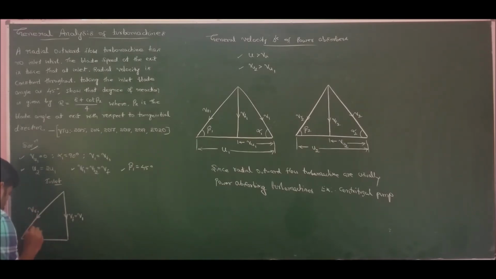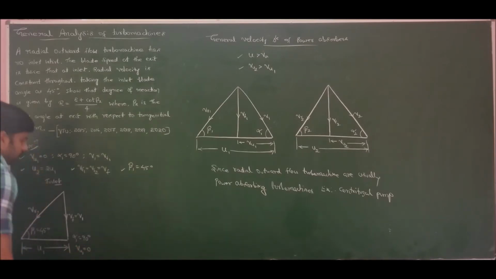So blade angle beta 1 is given as 45 degrees, very important. Now if I take the base, I am left with only U1. So here we got alpha 1 as 90 degrees and Vu1 as 0, no inlet whirl.